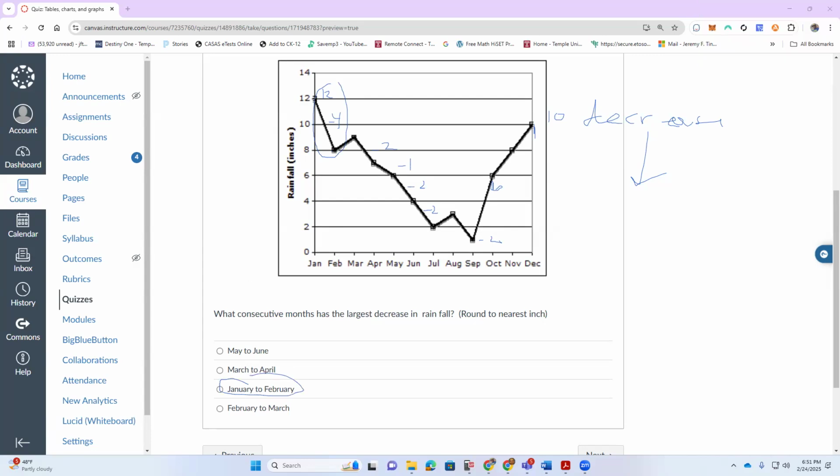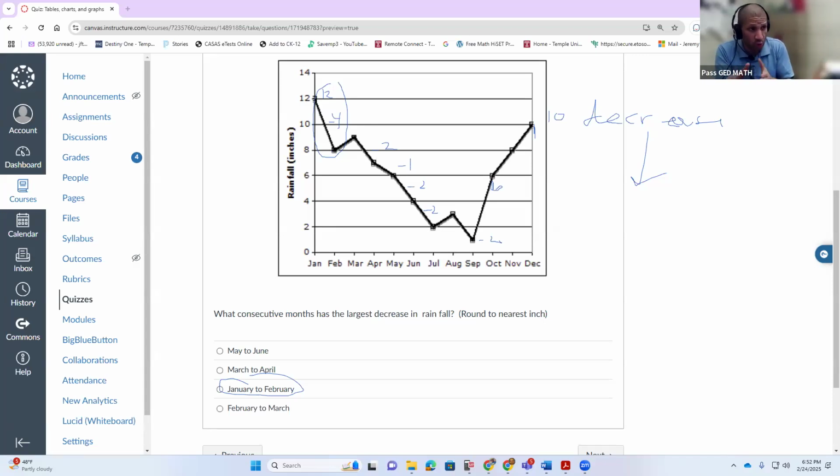Perfect. Yeah, I understand now. So that is very, very good. And again, this is why it's important for math and science. You know how to read a graph. So what did we do? We said, okay, how do you find the maximum? That's the highest value. How do we find the mean, which is the average? We added them all up, divided by how many months there were.